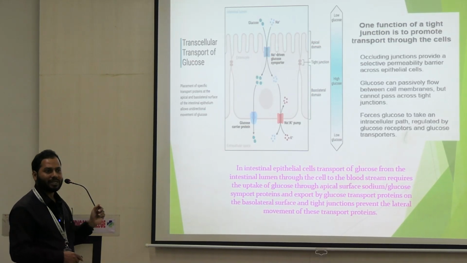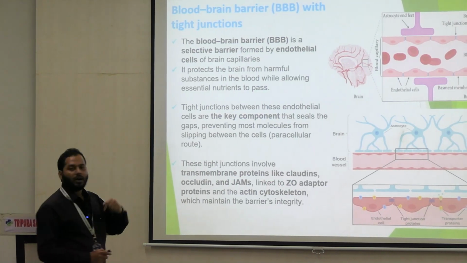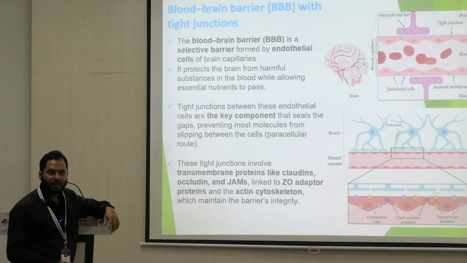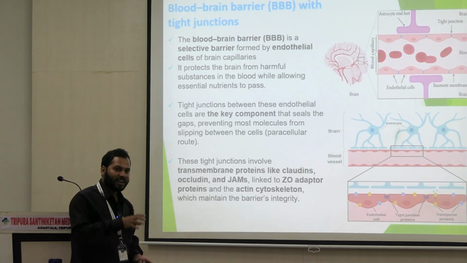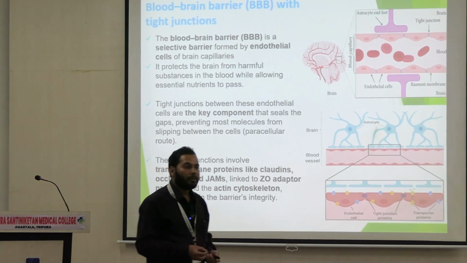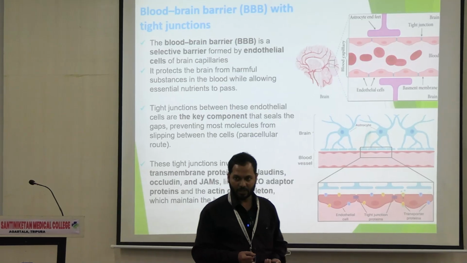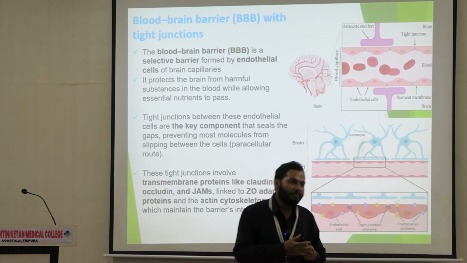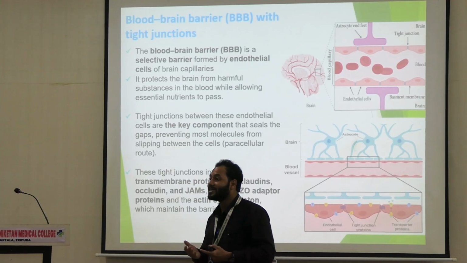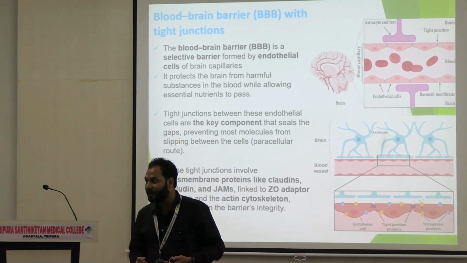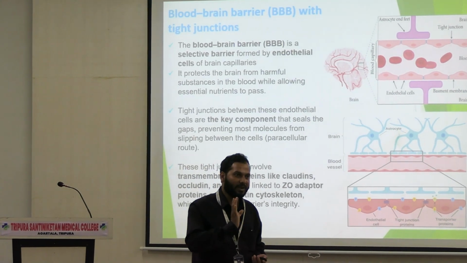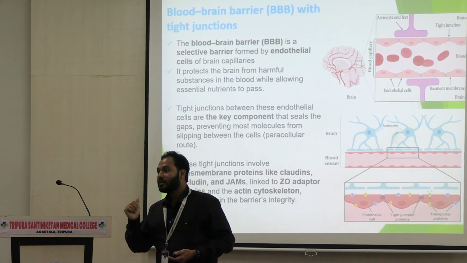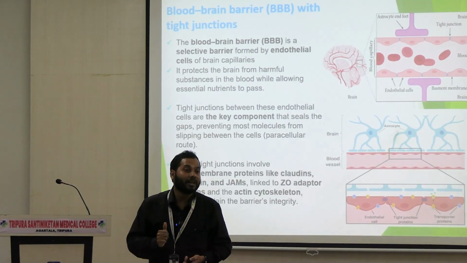The same thing you can see in the blood-brain barrier. It is very vital for the brain cells to get the proper materials for the proper functions. So if there is any leak in the blood-brain barrier, there is a high chance of the entry of different types of toxic materials to the brain cell that can affect it. So tight junctions play an important role.